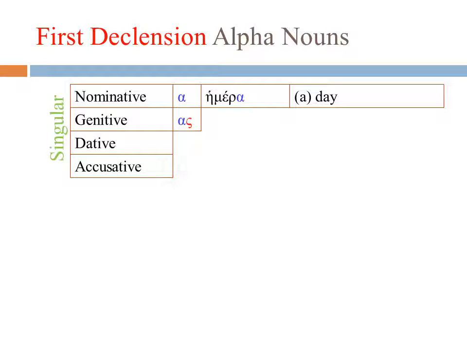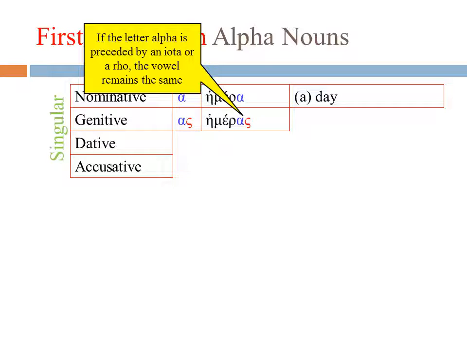Genitive, the ending is a sigma, so we get alpha sigma, and we get hemeras. In this case, we'll notice that the alpha is going to be retained all the way through, and this is because the alpha, the ending of this word, comes after either a rho or a vowel, in which case it retains its ending.